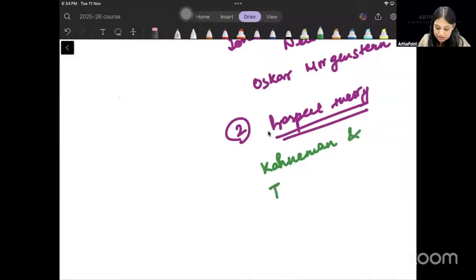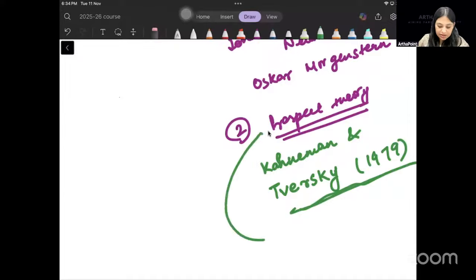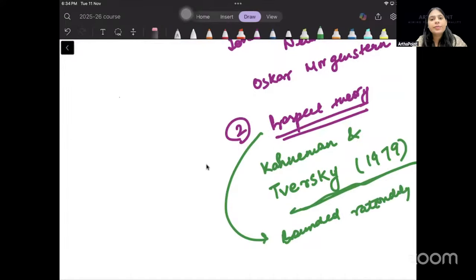And TVERSKY. Kahneman and Tversky in 1979. इन्होंने ये prospect theory के बारे में बात की. This is related to bounded rationality. ठीक है, so this is the chronology of utility.